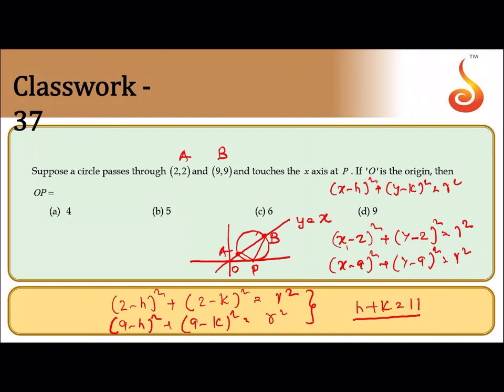h plus k is equal to 11, we'll get it. So this is the coordinates. H comma k is somewhere. Suppose the circle passes the A and B and touches x-axis. Whenever touching x-axis means what? The radius, this coordinate will always be k. So this is center is h comma k. So radius will be how much? The k. So using that concept, we'll get the value.